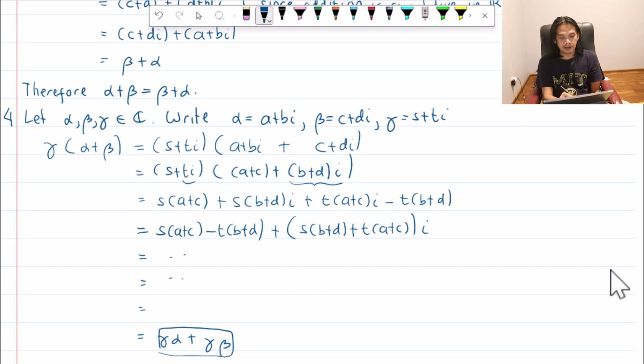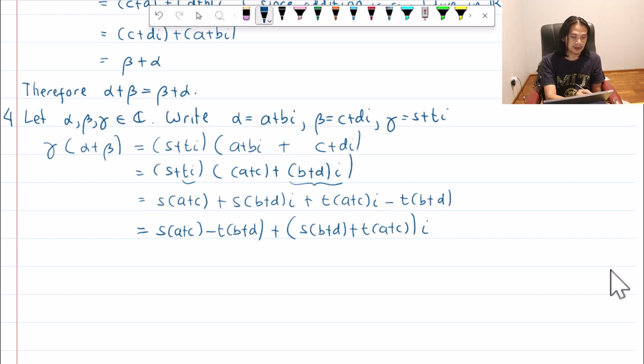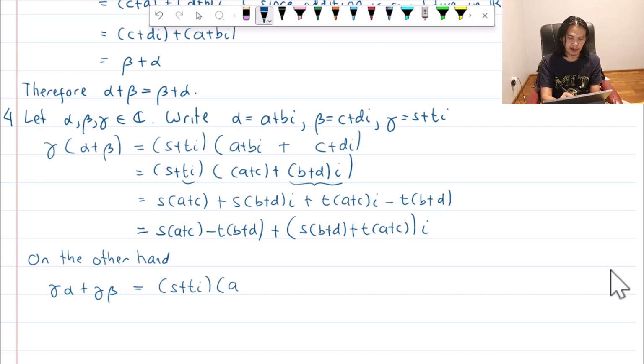Or another way is just compute, so on the other hand, if we do gamma alpha plus gamma beta, this is equal to s plus ti times a plus bi plus s plus ti times c plus di.